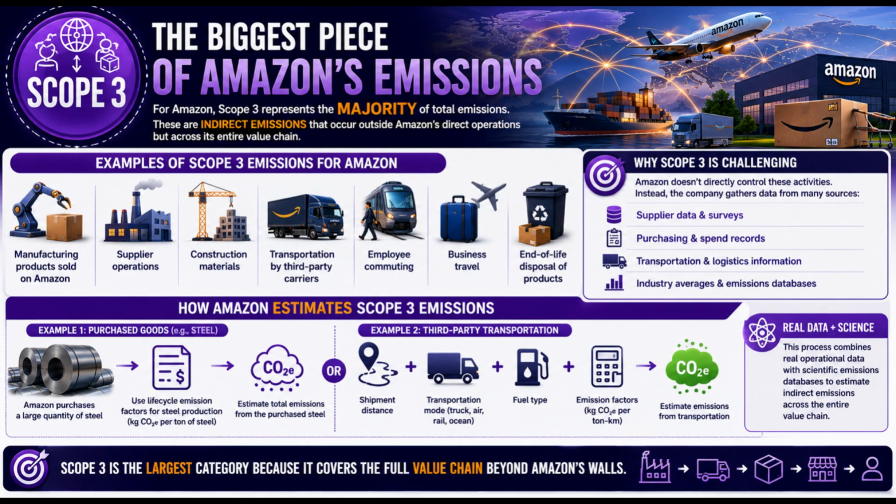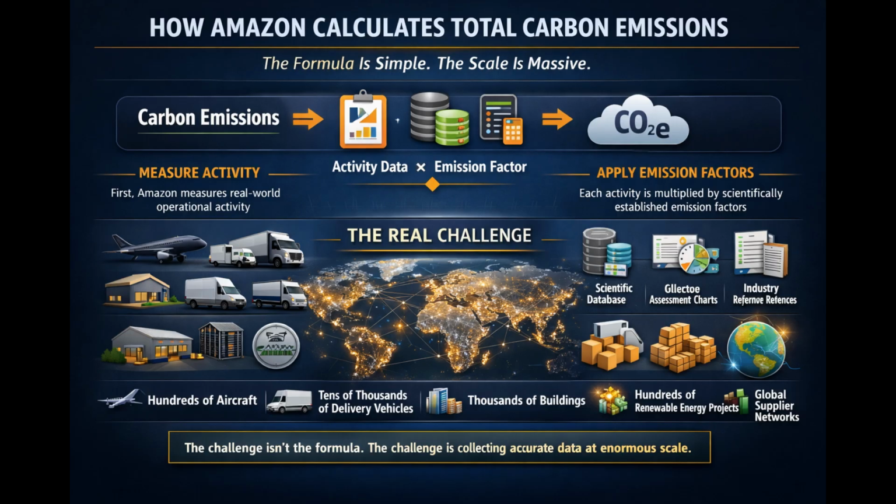This process combines real operational data with scientific emissions databases. At its core, Amazon's carbon accounting follows a simple principle: measure activity, apply an emissions factor, convert everything into CO2 equivalent, then aggregate the results across the company.